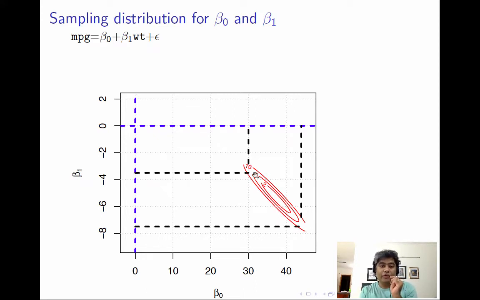Similarly, we can project this area on the y-axis and say that around 90 or 95% of the probability mass for beta 1 is somewhere between maybe minus 3.5 and minus 7.5. This kind of inference we can make based on the sampling distribution of beta naught and beta 1.